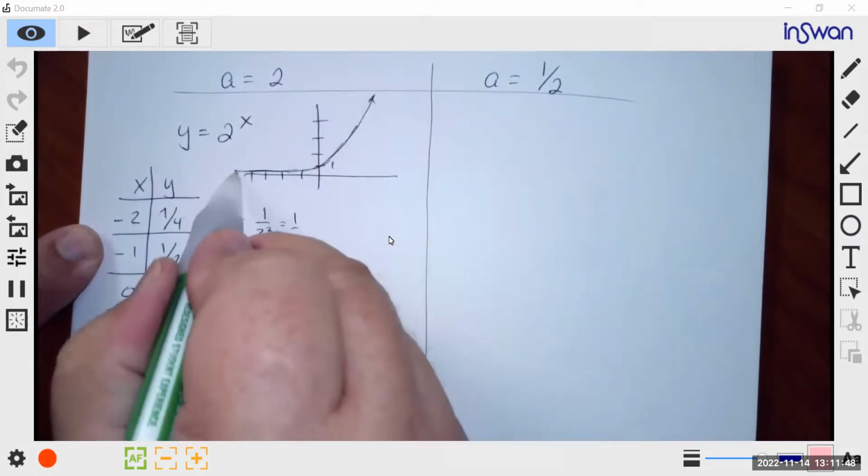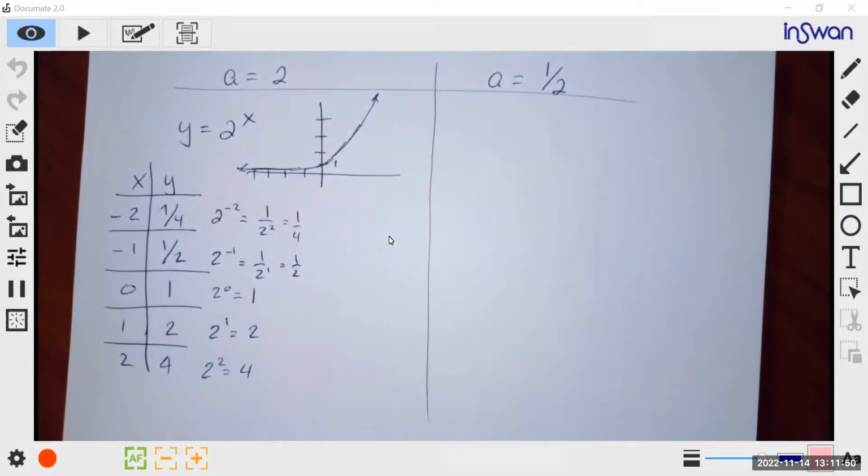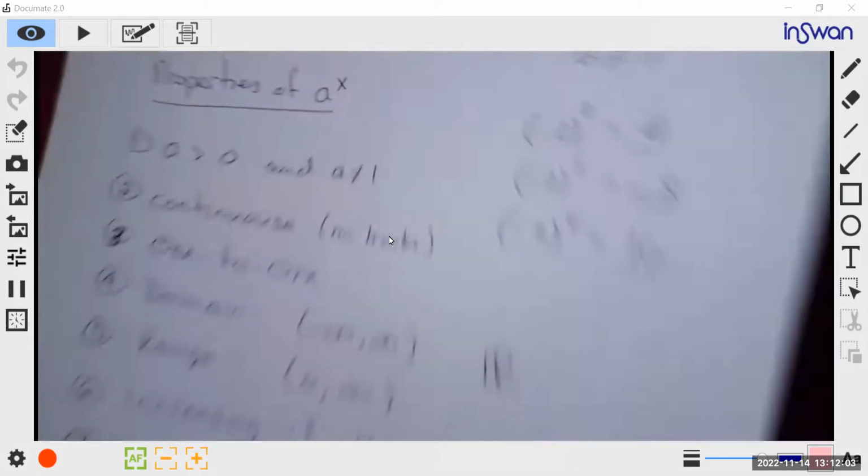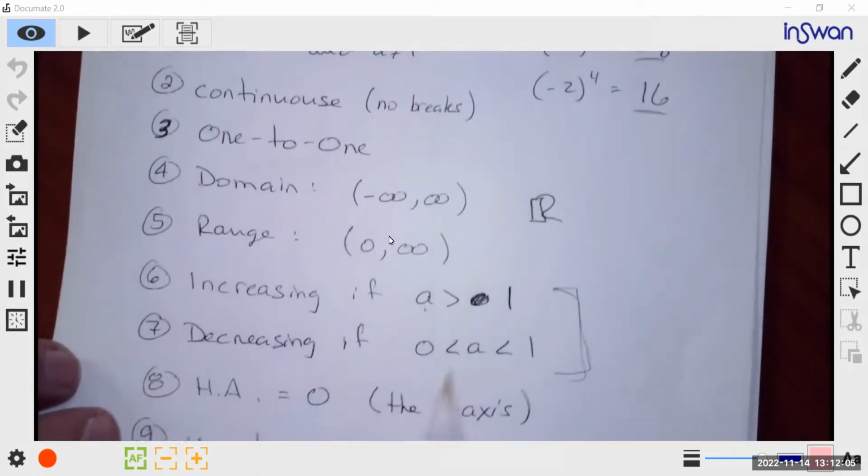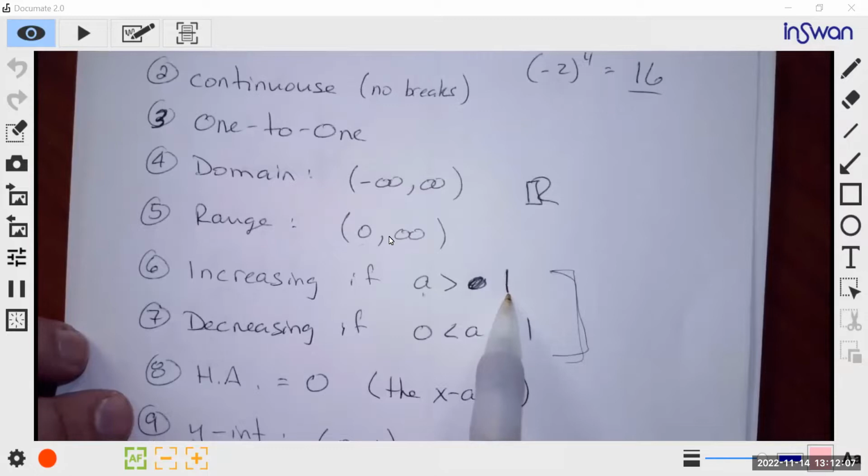And it goes up. It's an increasing function. So like I said earlier, if the base is bigger than 1, that means it's an increasing function.